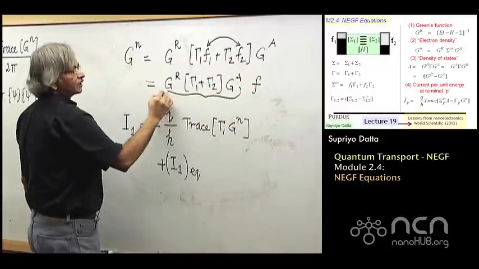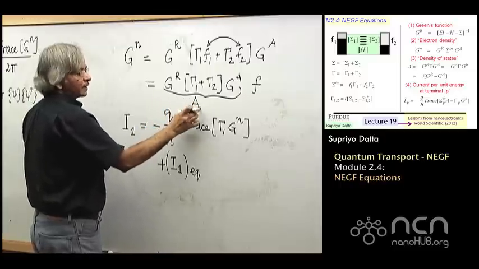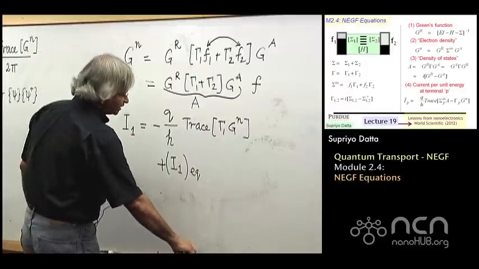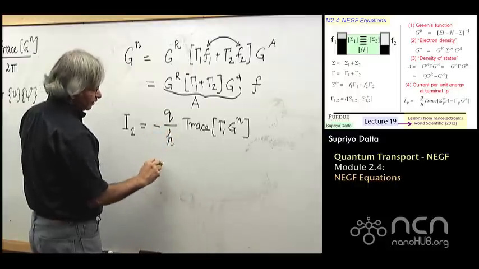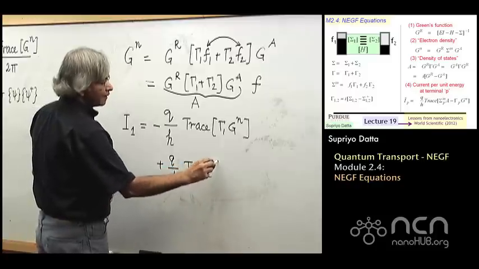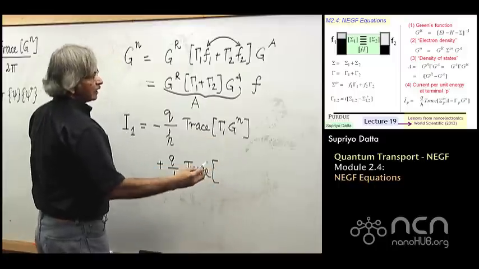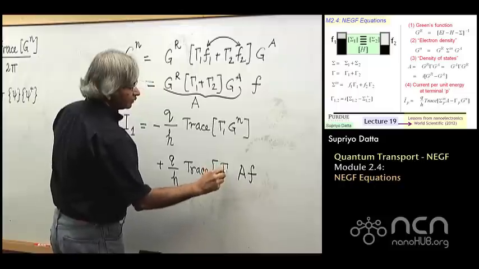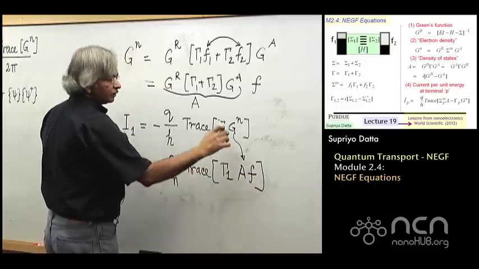And this is the quantity that a little while back in this module I argued is actually the spectral function A, the matrix version of the density of states. So the point is, this equilibrium term you could write as exactly the same thing, plus q over h trace of A F gamma 1, because Gn at equilibrium is that quantity.